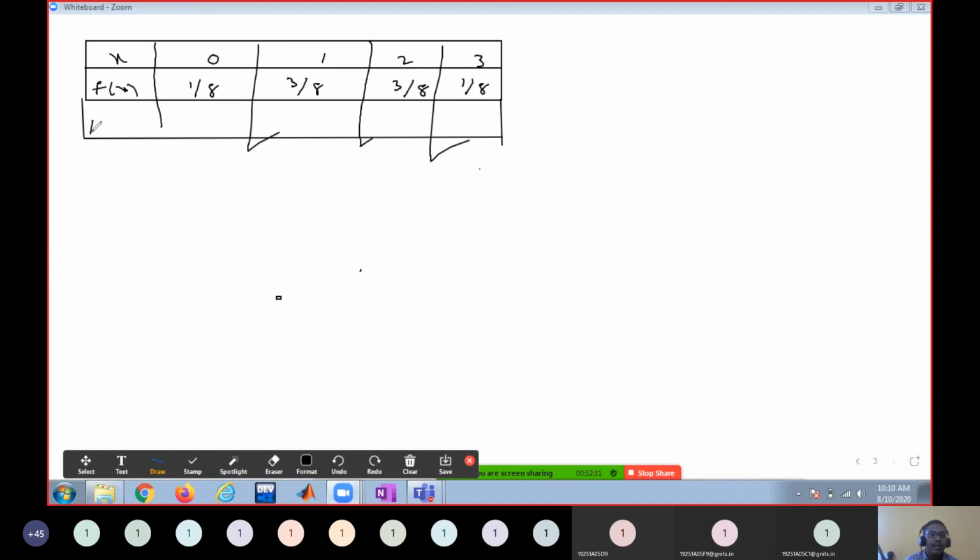So I'm talking about capital F of x values. So this is 1 by 8. And cumulative probability F of 1 means f of 0 plus f of 1. That is 1 by 8 plus 3 by 8, that is 4 by 8.